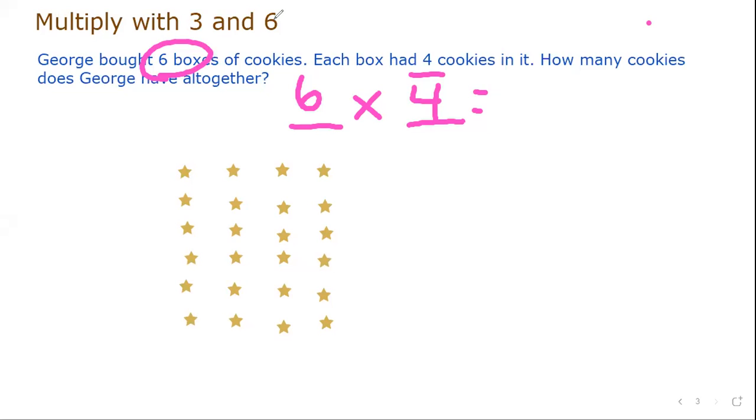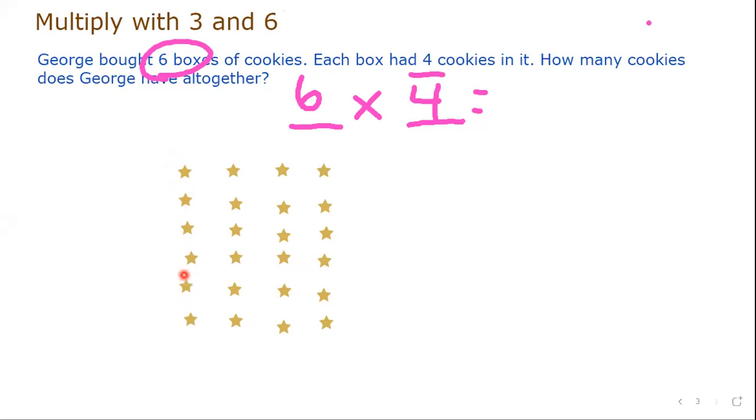I'm going to take my 6 times 4 and break it up. Okay. For me, it's hard to multiply by 6s, but I know I can count by 5s. And I have 1, 2, 3, 4, 5 rows.